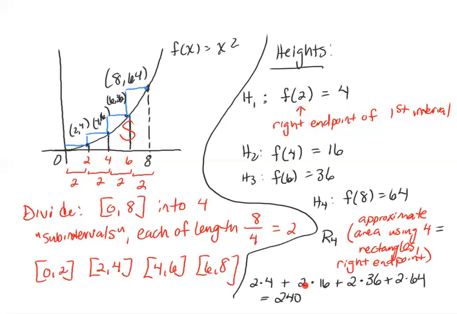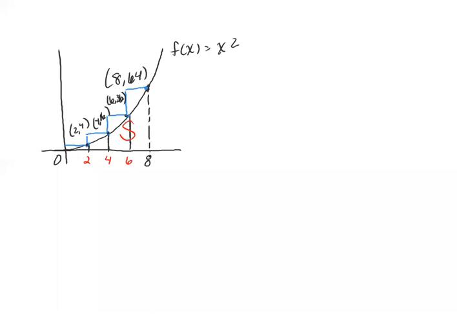So I might call this an overestimate. And that is because these parts that we counted in that area of 240 are not a part of the region S. So if I draw it like this, I would call that an overestimate.